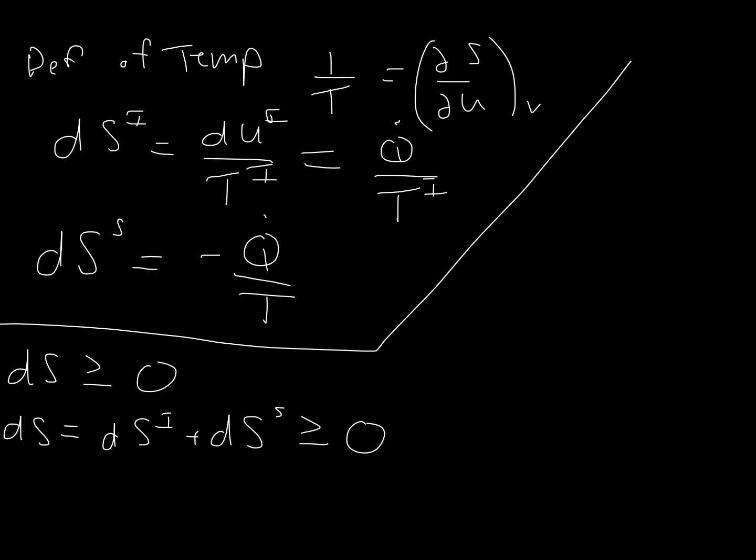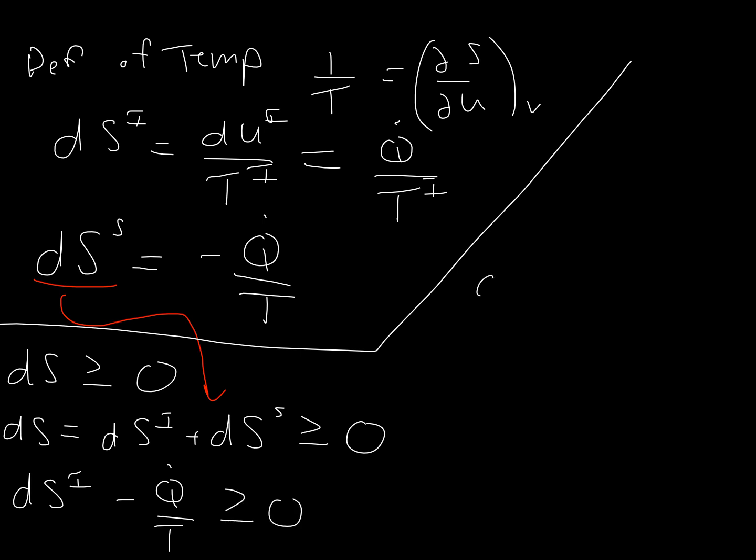So if we substitute this expression down into here, we get that dS of the system minus Q dot over T is greater than or equal to 0.